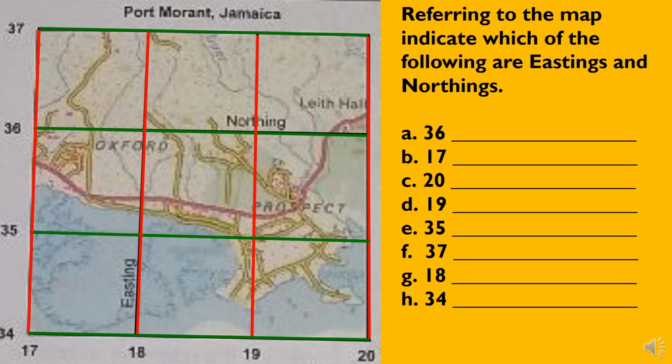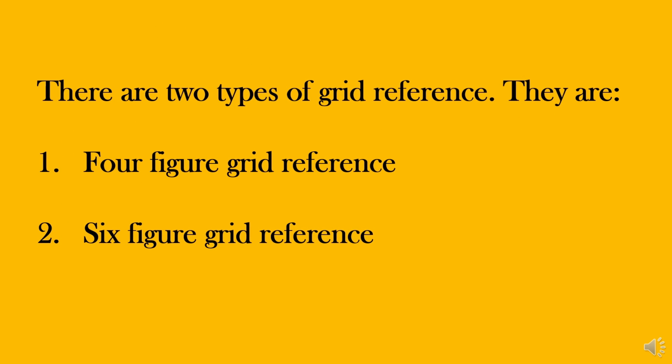Alright, so now that we have distinguished between northing and easting, let's take it to another level. There are two types of grid reference. They are 1. 4-figure grid reference, 2. 6-figure grid reference.